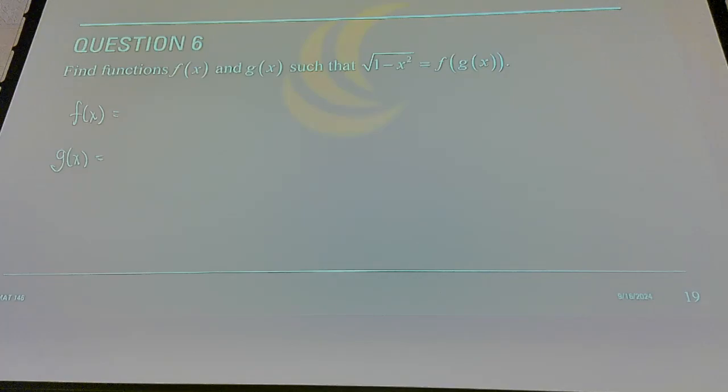Square root of x. There you go. That would be a decomposition. Why is f the square root of x? Because you plug in g of x for x to get the square root of 1 minus x squared. So you understand why we got g of x to be 1 minus x squared? Let's start there. What are you doing to it? Taking its square root, right? So that's f, square root of x.